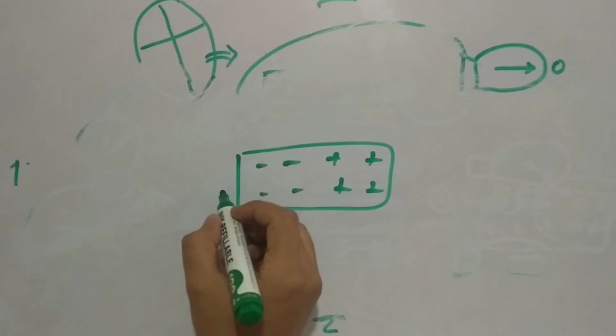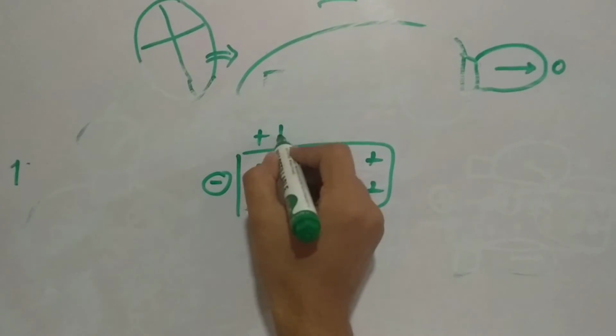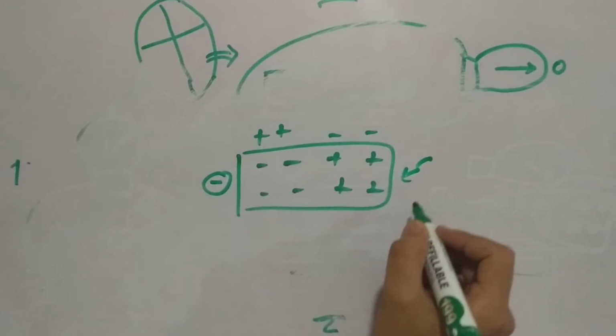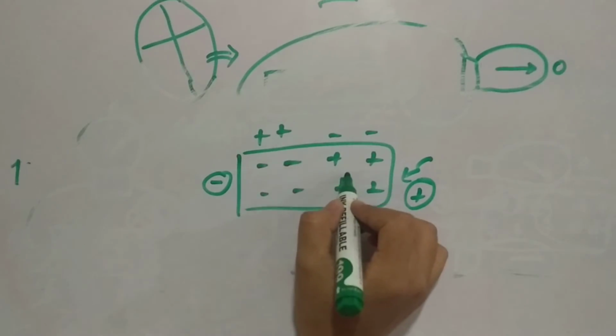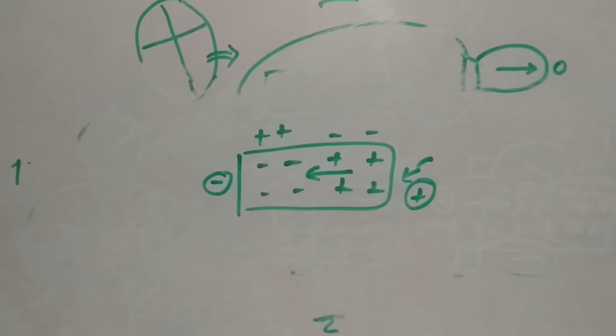Suppose here is your negative electrode, there is your stimulus, and here is your positive electrode. What will be your finding? Here the positive vector is propagating towards the negative electrode, so the deflection will be negative. That thing needs to be kept in mind. Now in the next video we will correlate that with the ECG finding.